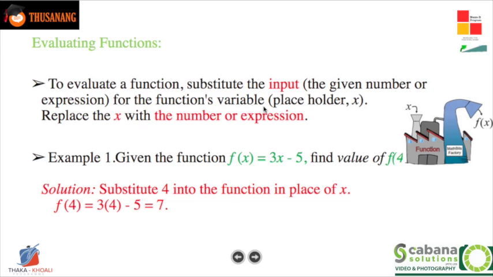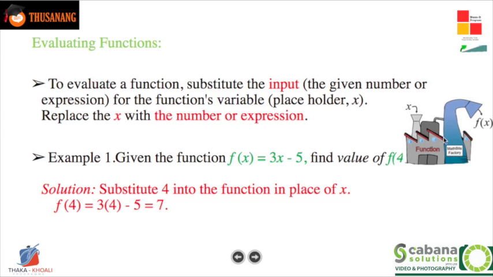Remember, in our function f of x, in place of that x, we can place our input, which can be the given number or the expression. So we replace that x with the number given or the expression given. Then after that, we can work out our function.